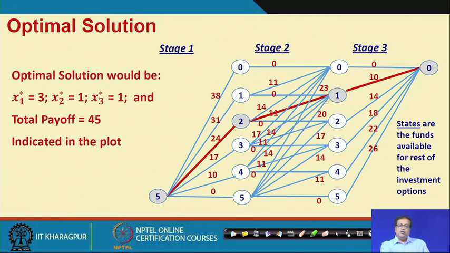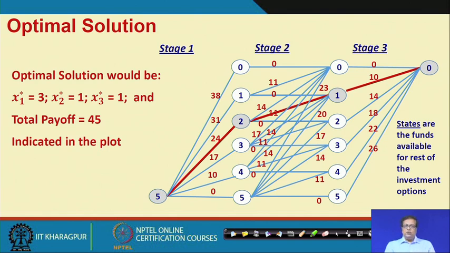So 24, 11, 10 make 45, that is our total payoff. We found this path by evaluating only some of these paths and not all the paths. That is the advantage of this particular dynamic programming method.